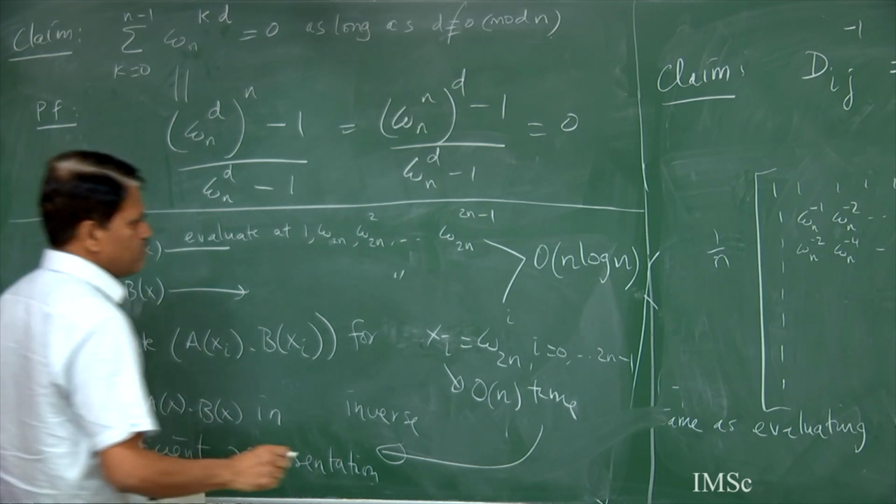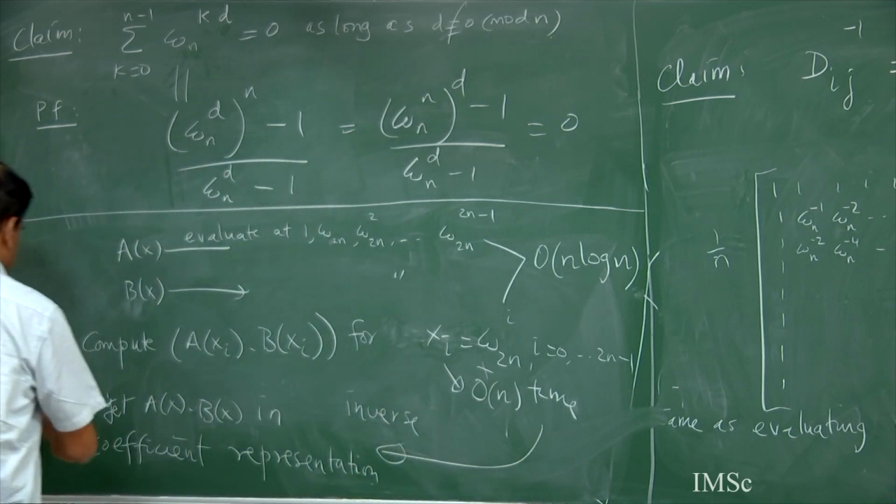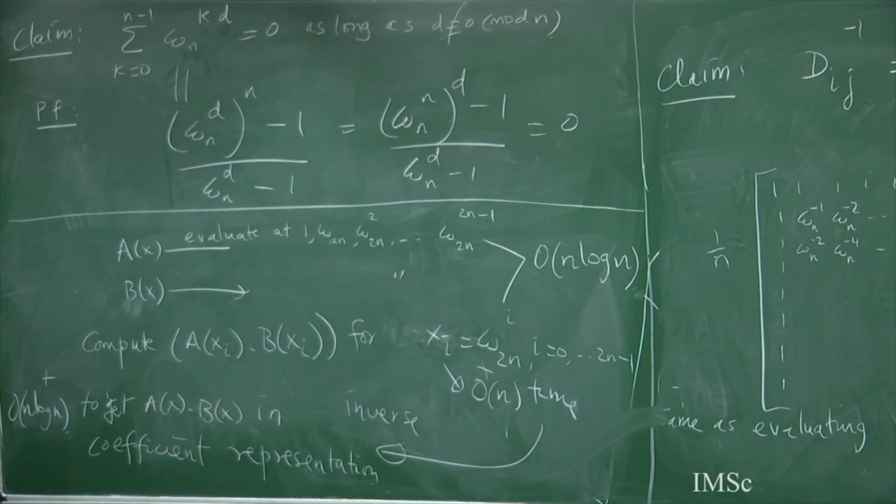So it's n log n plus this order n plus this n log n. Okay, and that's all.